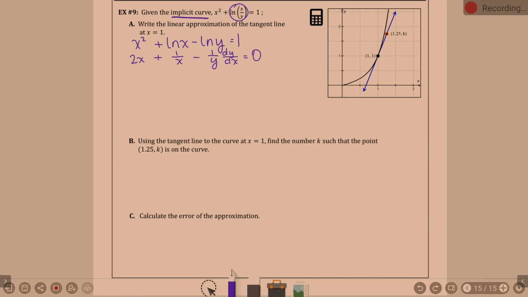Now we've got to solve all this for dy dx. So it's going to be negative 2x minus 1 over x, divided by negative 1 over y.